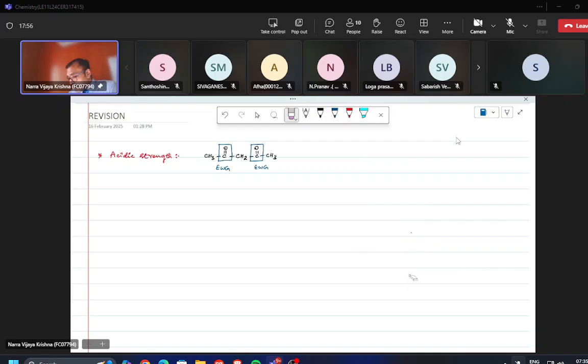Now tell me, among those three carbons, on which carbon does electron density decrease more? Exactly, the middle part. Right? Correct or not? So what do we call this carbon? We call this an active methylene group. Why do I call it active?